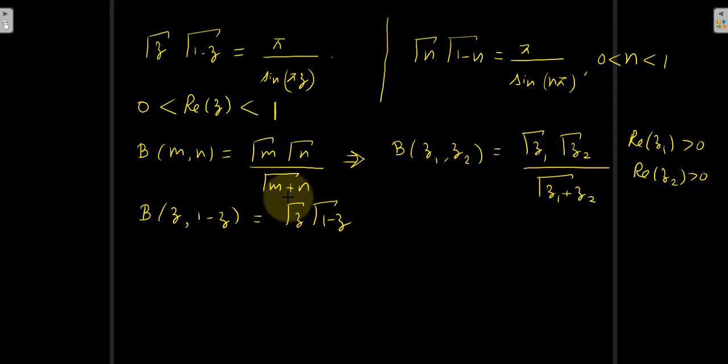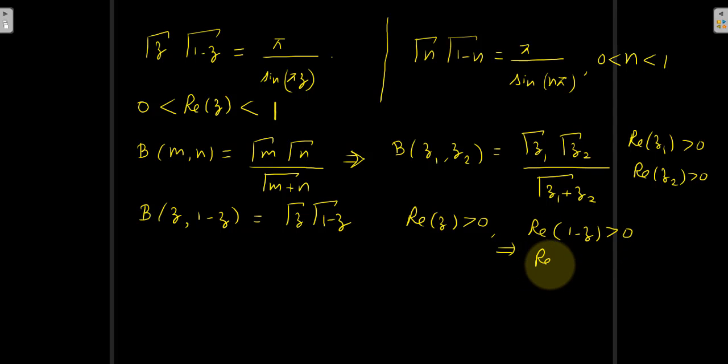So here, as we can see, there are gamma functions of z and 1 minus z. Similar to these conditions, we have the real part of z greater than 0 and the real part of 1 minus z also greater than 0. And if the real part of 1 minus z is greater than 0, it means that the real part of z is less than 1. So we have the condition that the real part of z lies between 0 and 1.